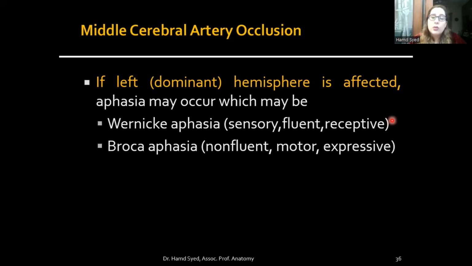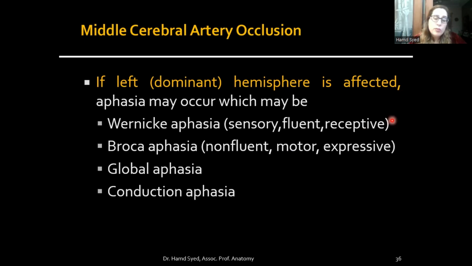This is also known as the expressive aphasia or the non-fluent aphasia, because in this case, there is a problem in the piecing together of words, in the production of the words. The patient does understand the spoken sounds, but the patient cannot produce their words, so they are frustrated, they're aware of their condition.